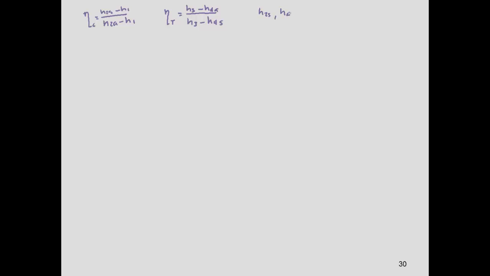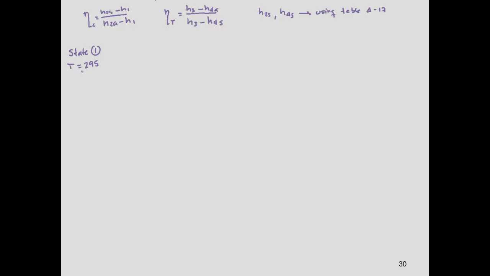H2s and H4s, we can find from isentropic relations if we were having constant specific heats, but we're going to get them using table A17. So state 1, we know temperature is 295.